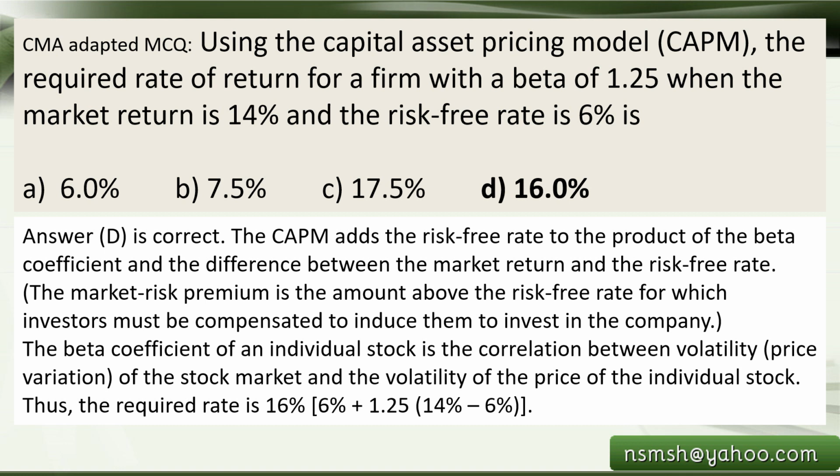When we apply the formula, it is the risk-free rate of return, 6%, plus the beta value, 1.25, multiplied by the difference between the market return 14% minus the risk-free return 6%. Accordingly we get 16%.